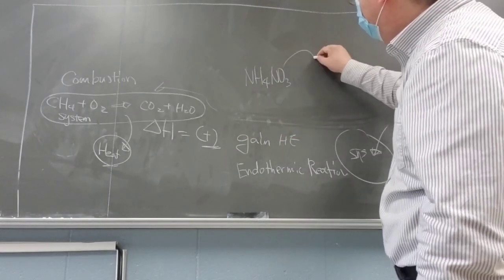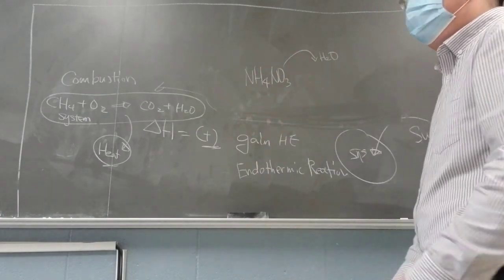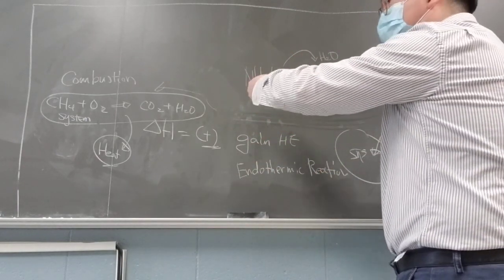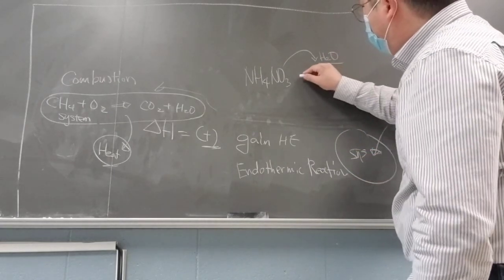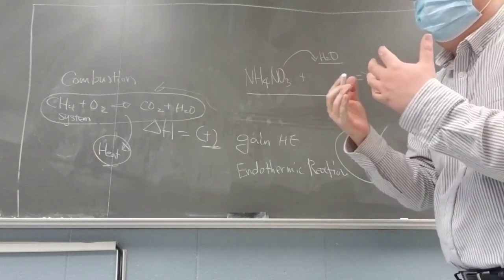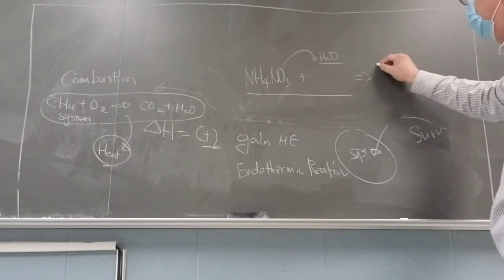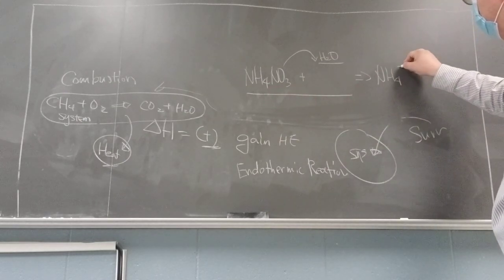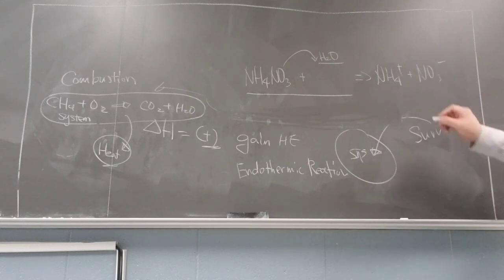When you click the button in the ice pack, they break the package, and it is dissolved in water. To do that, when they become dissolved in water, meaning they're ionized, it becomes ammonium cation plus nitrate anion.